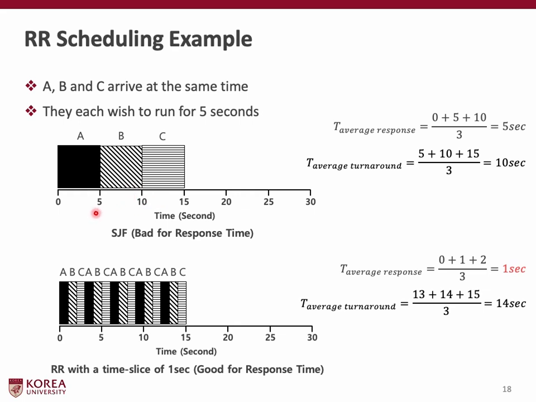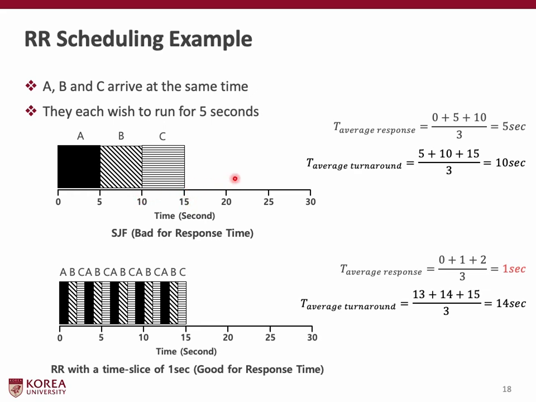Since all jobs are the same length, the scheduler just picks one, say A, and runs it to completion. Then the scheduler runs job B and then C. What happens? A starts immediately and finishes at time 5, B starts here and finishes at time 10, and C starts here and finishes at time 15.